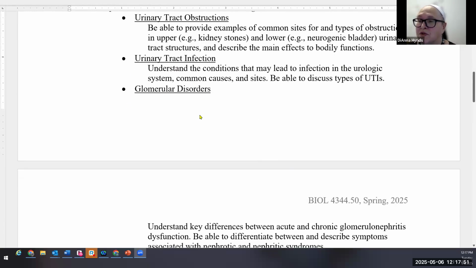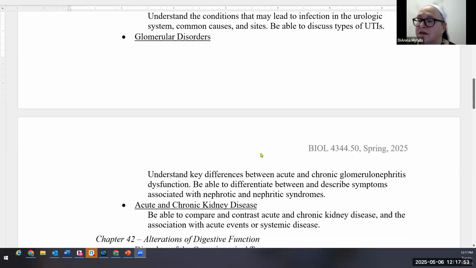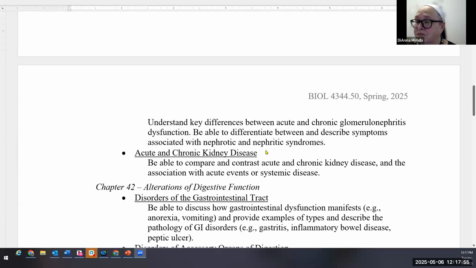So problems with the glomerulus in the kidneys. You want to understand the difference between acute and chronic glomerulonephritis dysfunction. And you also want to be able to differentiate between symptoms that are associated with nephrotic and nephritic syndromes.